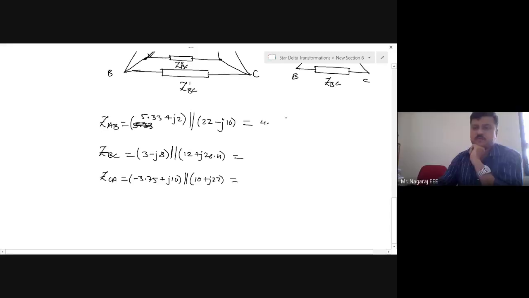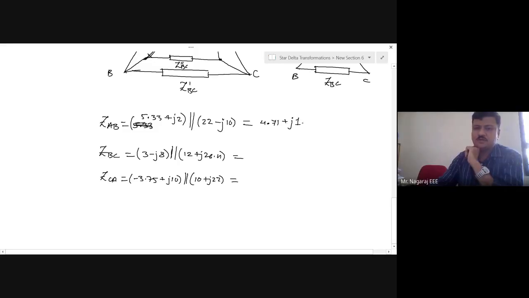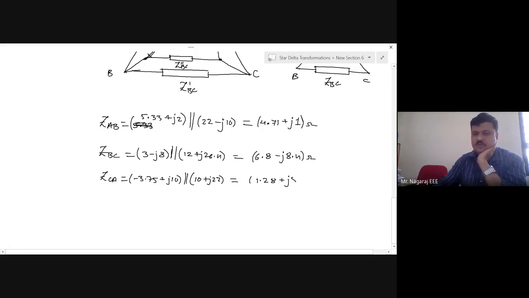ZAB is 4.71 plus J1. ZBC is 6.8 minus J8.4. Is it right? ZCA is 1.28 plus J8.2.